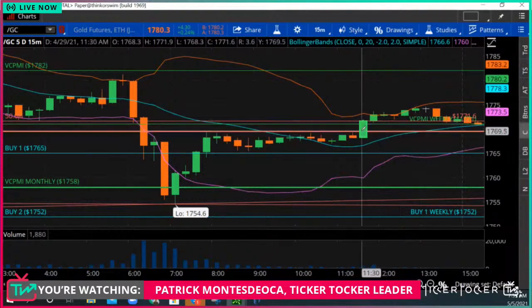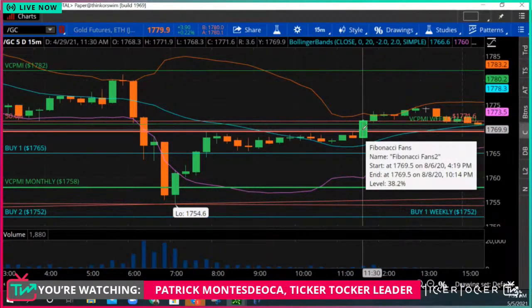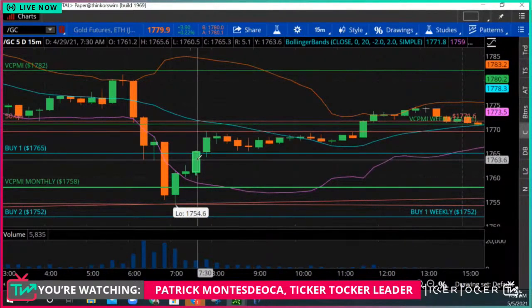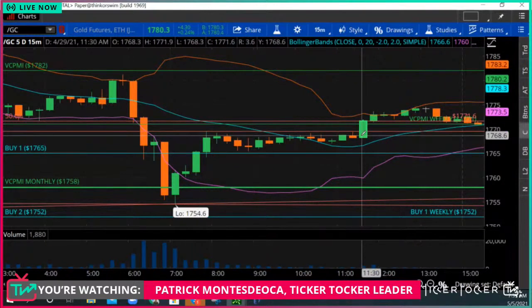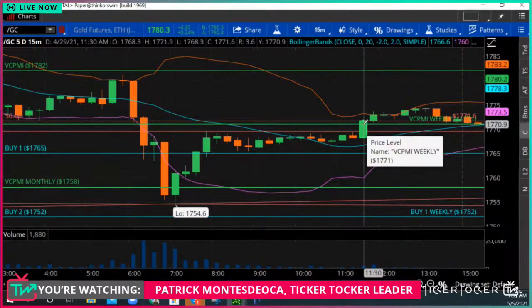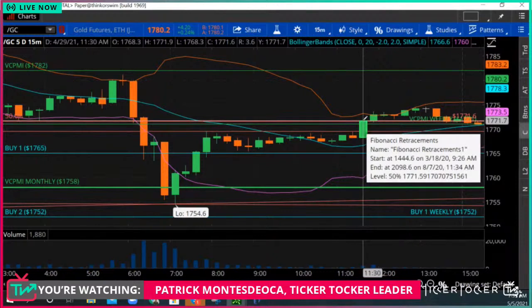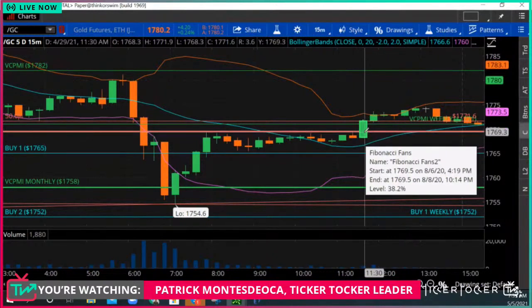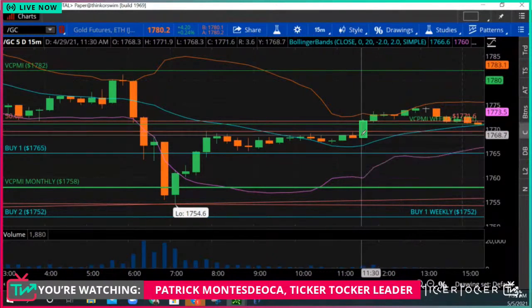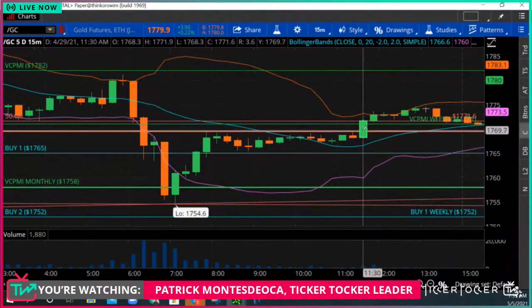And in this case, the target was completed at about 11:30 a.m. This signal came in at 7:30, at 7:65, and it completed the target in that 1771 area. So we have completed these trades. We have done these trades.